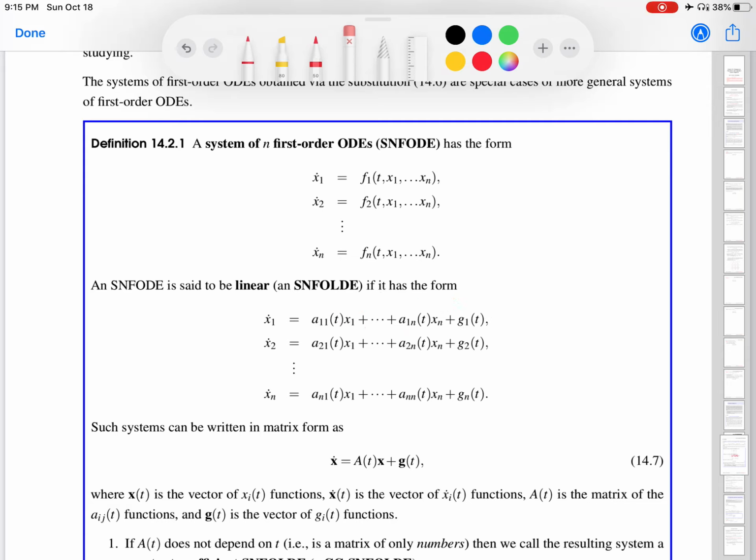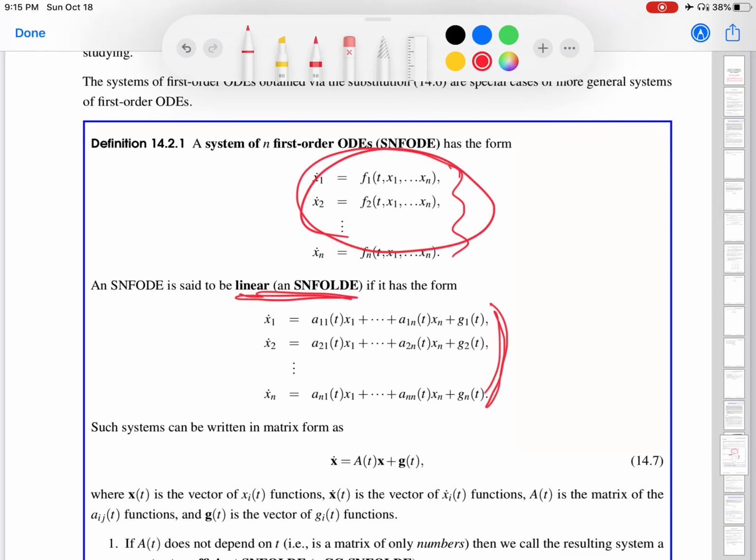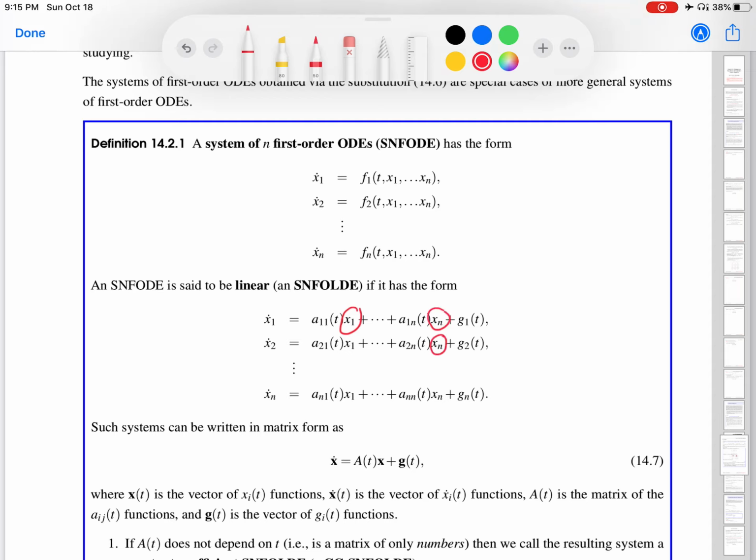So if every one of the f functions on this right-hand side has that form, then this system is linear, SN fold. And you can kind of see where the linearity comes from because the unknown variables appear on the right-hand side only in a linear fashion, right? There's no squares, there's no sine of these variables. Those would be like non-linearities.